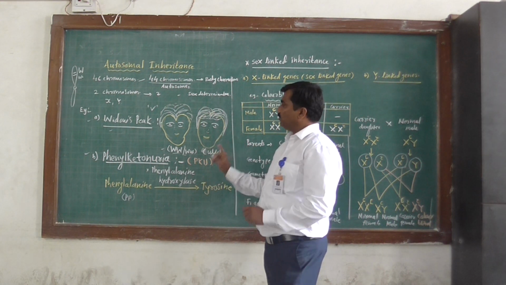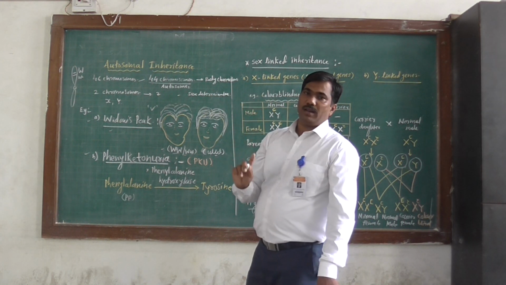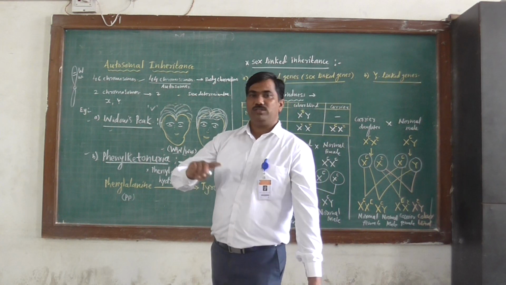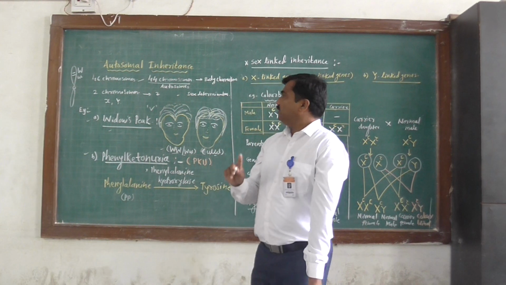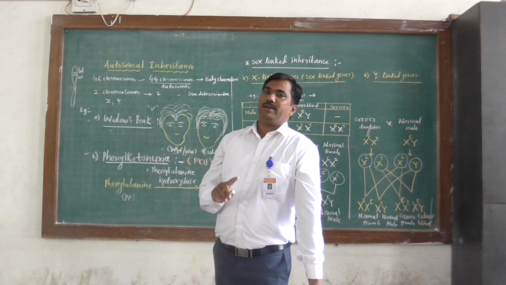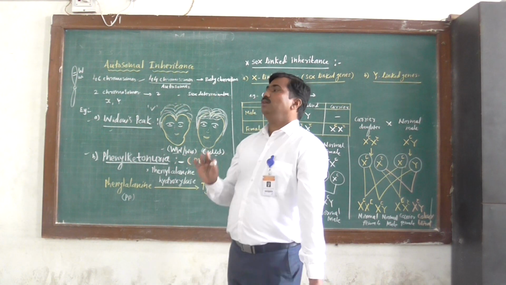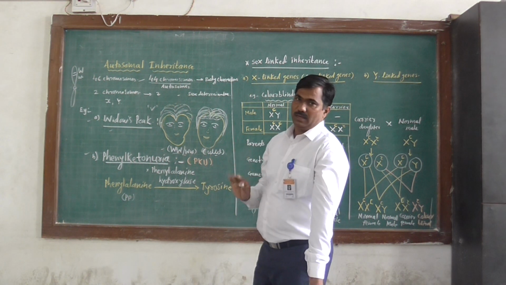I think you understood what autosomal inheritance is: the transmission of characters or traits from parents to their offspring through autosomes, from one generation to the next, is known as autosomal inheritance.